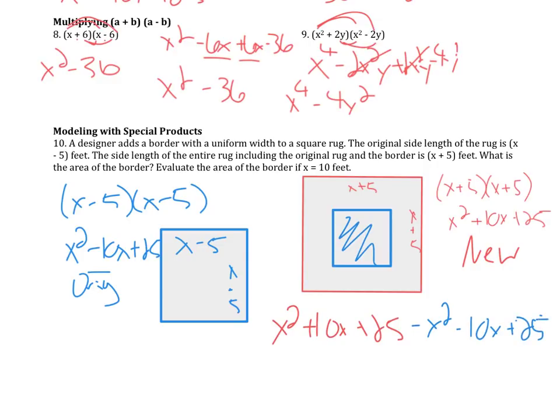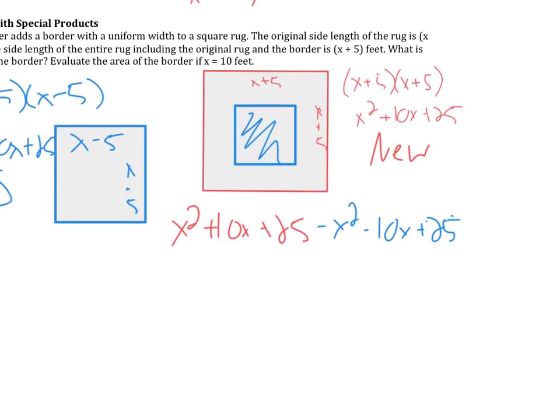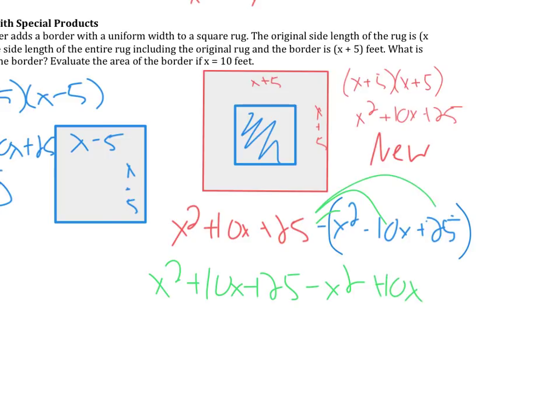Now, I made a mistake here. I was subtracting currently just x squared, but remember we're subtracting the whole thing, so make sure we put parentheses around that. I'm going to distribute that negative in, and that becomes a negative x squared plus 10x minus 25.